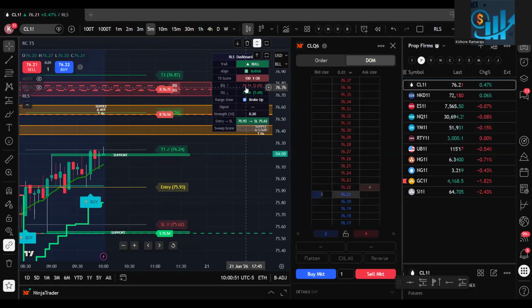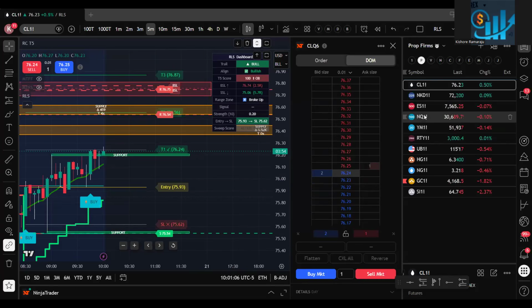So if you are close to this price, then you know you can expect a buy side liquidity notification. Or if you are close to this price, you can get a sell side liquidity notification.